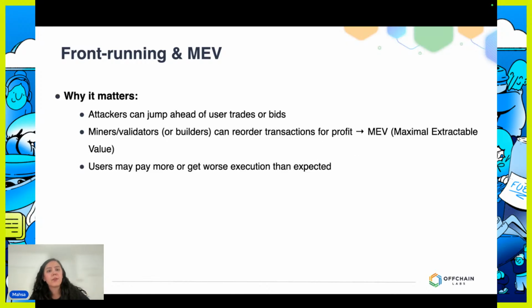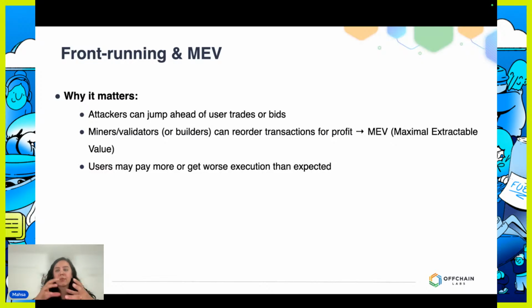So why does front running matter? It is really important. As I said, malicious actors can jump ahead of users if they have trades or bids or some beneficial transactions. And miners, validators, or builders can reorder transactions for profit. This is what we call miner extractable value.